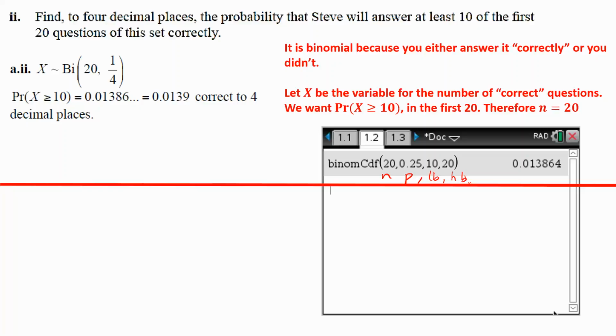Pascal's triangle is designed for you to find out your coefficients. 1, 1, 1, 2, 1. How you get 2 is 1 plus 1 gives you 2. Next one you should have 3 items.